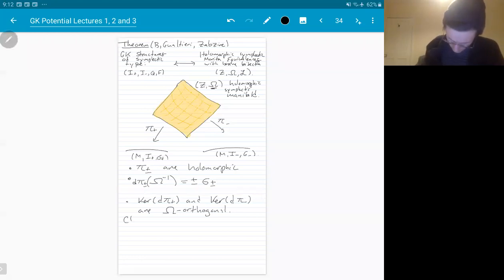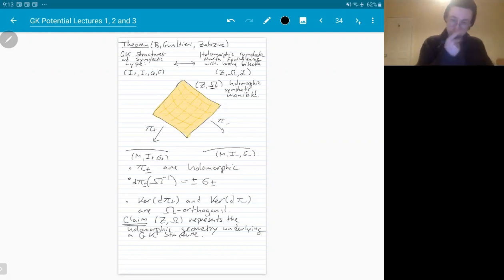And the claim, which is substantiated by this theorem, is that this Morita equivalence represents the holomorphic geometry underlying a GK structure, at least of symplectic type.